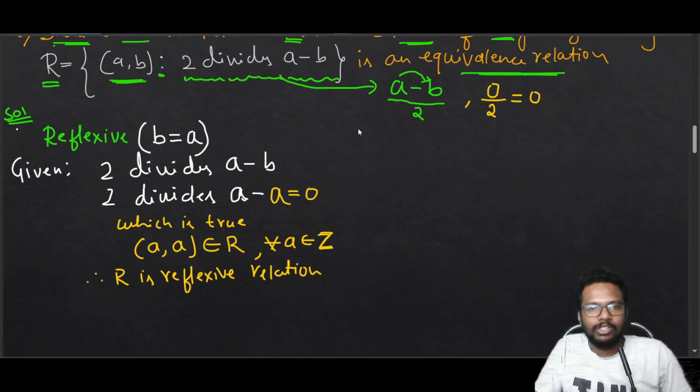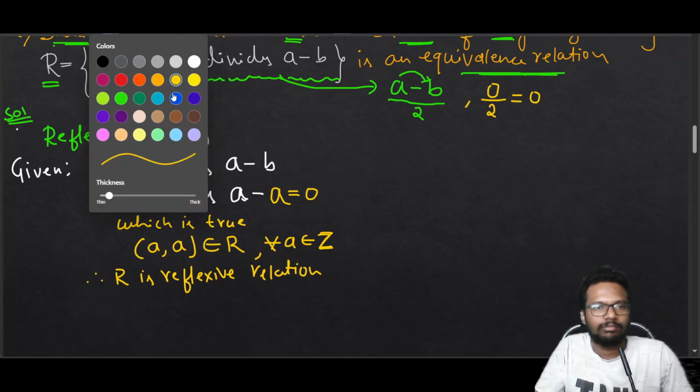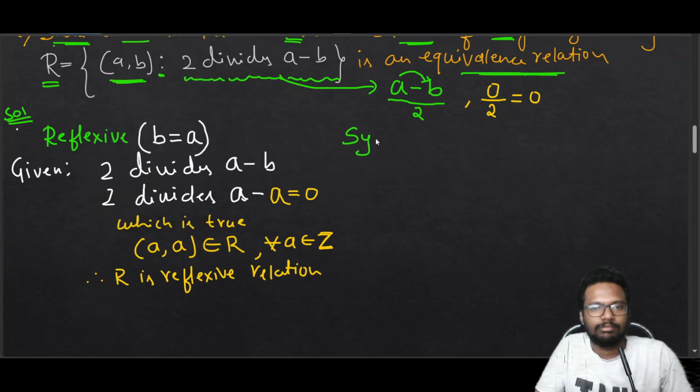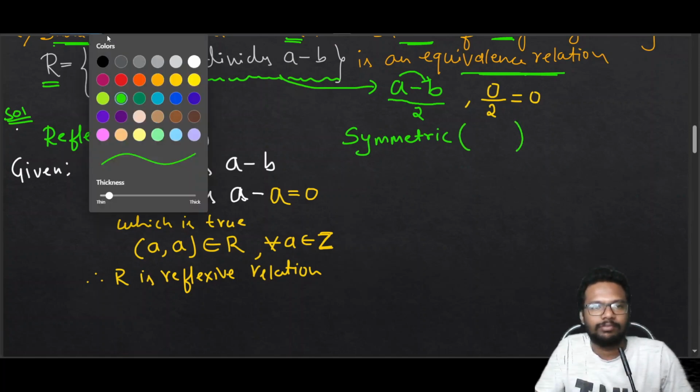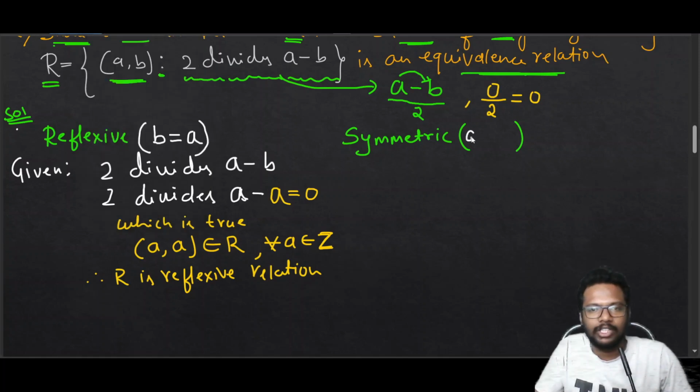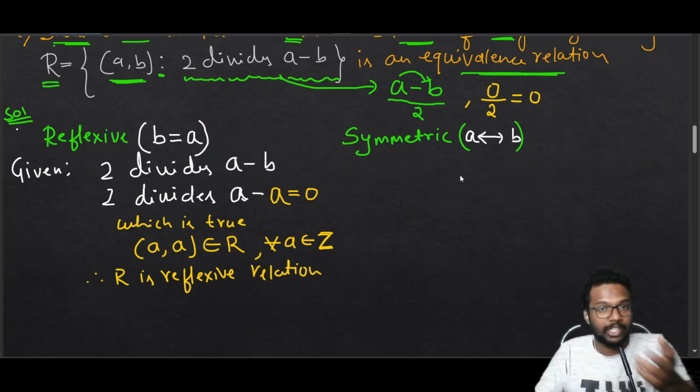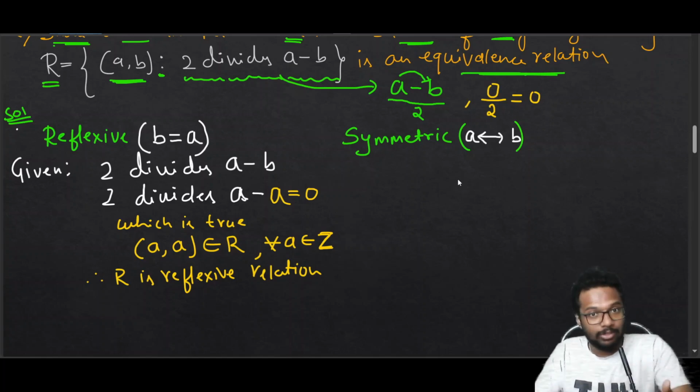So next let's move to symmetric. Here our target is to interchange A to B and B to A. The symmetric definition says that the ordered pair (A, B) belongs to R, and the ordered pair (B, A) should also be present in R. It means we have to reverse the ordered pair.